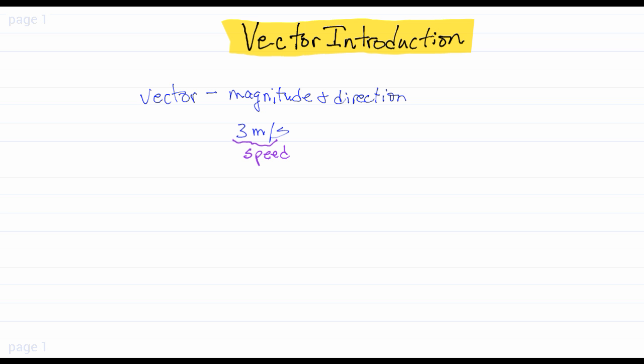And we can make it a vector by doing something very simple and just adding a direction. So 3 meters per second, let's say east. Okay, so here's our direction. This is our magnitude, and together these represent a velocity.